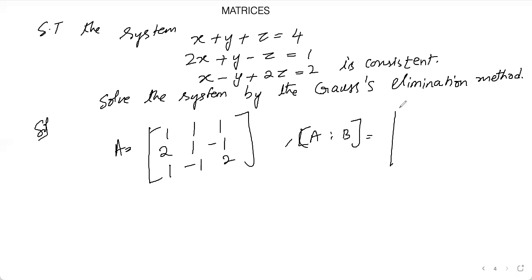So this A and B, okay, would be 1 1 1 and 2 1 minus 1 and 1 minus 1 and 2, with the last column 4, 1 and 2, right? Now let us find that.